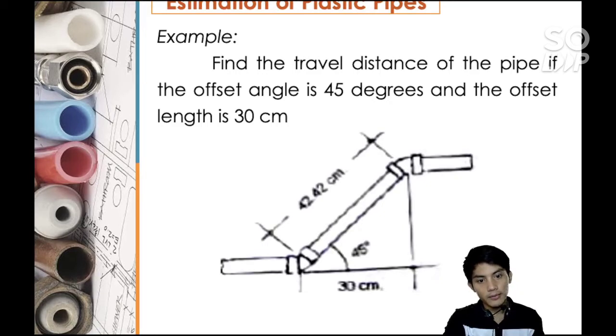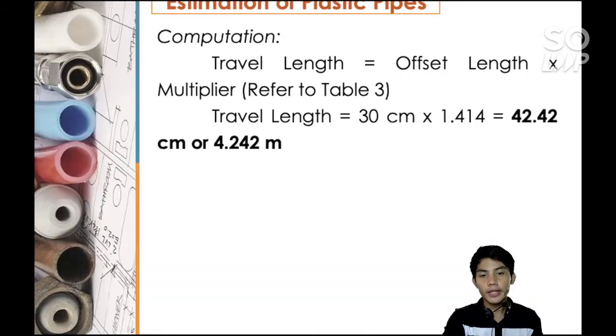This is the length of the pipe, 42.42, inclined at a 45 degree angle, and 30 centimeters is the horizontal distance. For the computation, travel length equals offset length multiplied by the multiplier in table 3. We have 1.414 for the multiplier, and the travel length equates to 42.42 cm or 0.4242 meter.